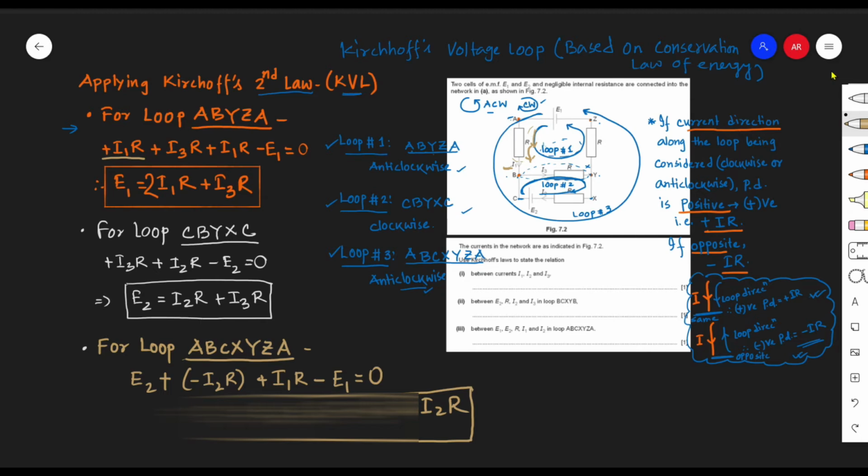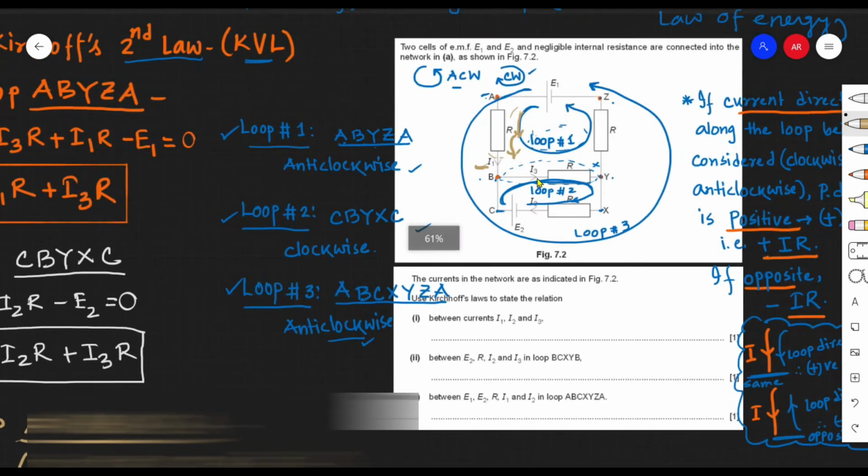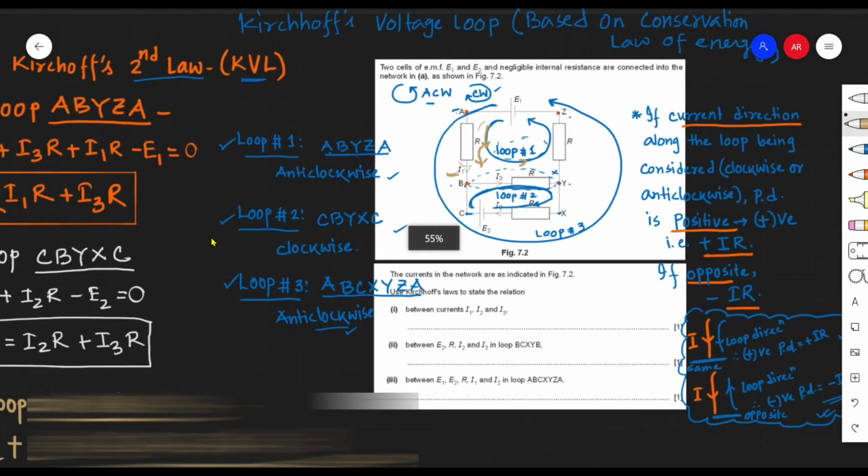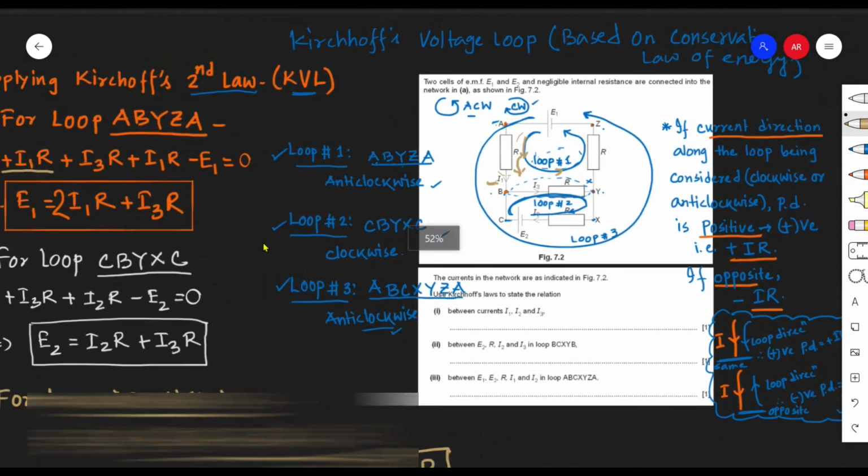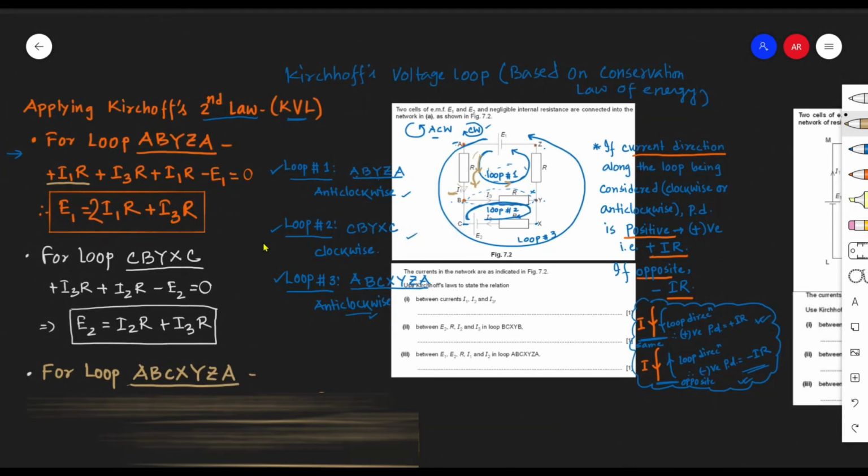As we move away from positive, we are going towards the negative of this battery. So here in the horizontal junction BY, the current I3 and the loop direction are the same. Both are moving towards right. Same direction, so a positive PD will be dropped across that R. So it is I3 times R.